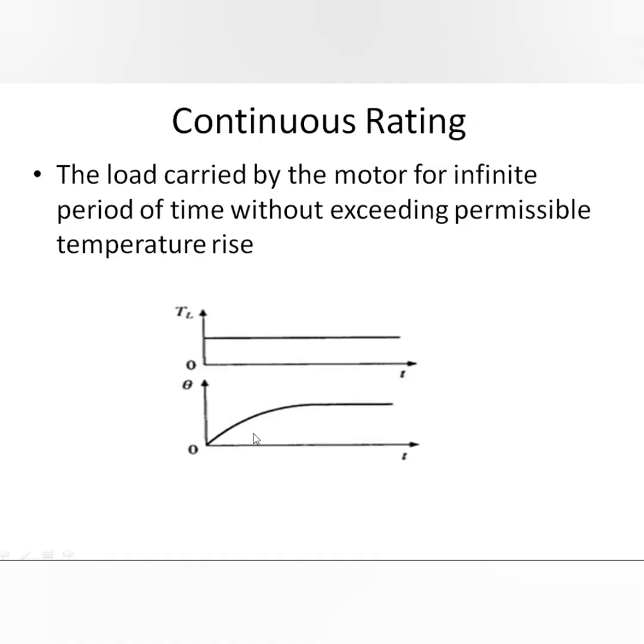So here the motor is running at a constant torque for an infinite period of time, so the temperature will rise initially from 0 or ambient temperature to the maximum permissible temperature. So this type of motors are generally known as the continuous rated motors.